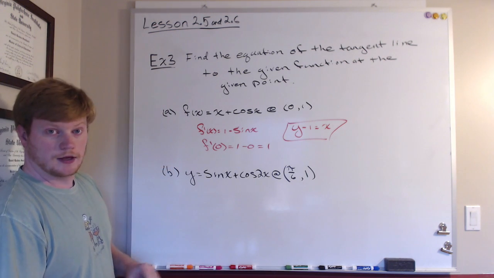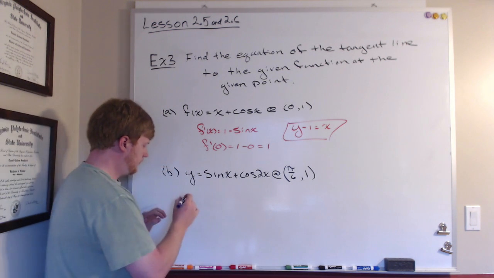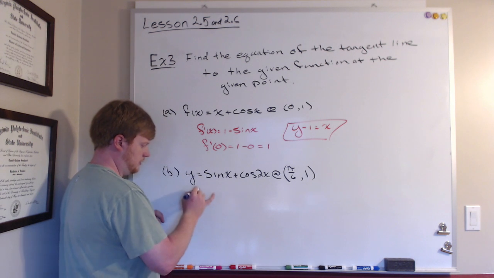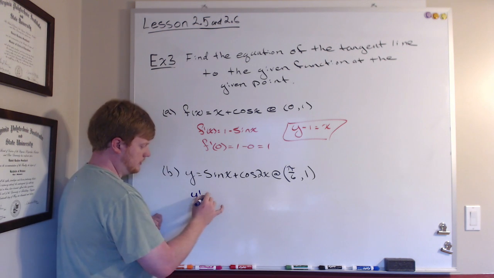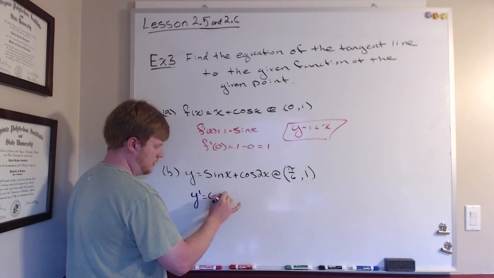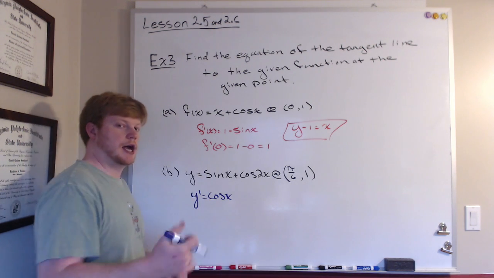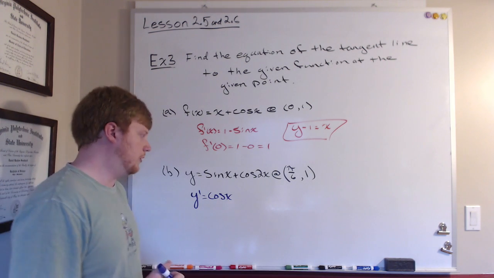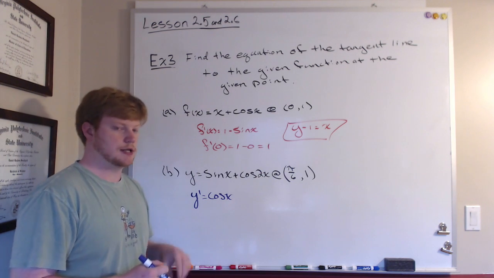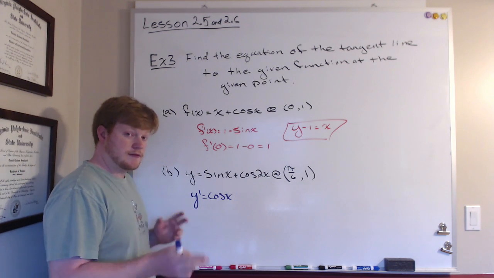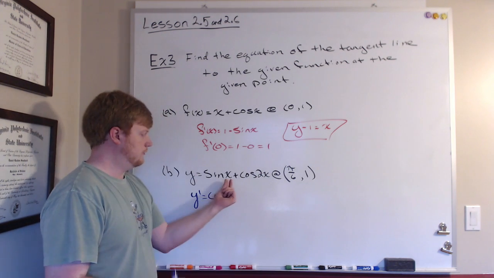Okay. Part B, y prime is equal to cosine x. Cosine of 2x actually has a chain rule involved because the 2x inside is not just x. You could think of everything as having chain rule involved.